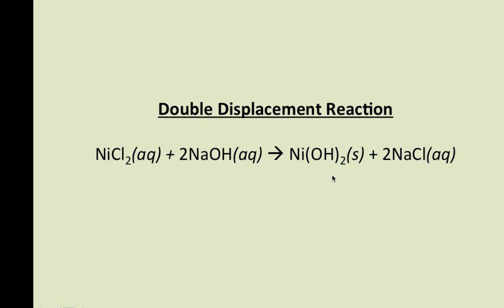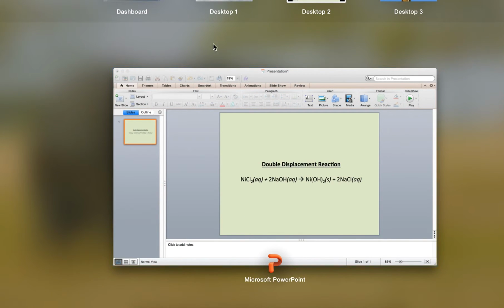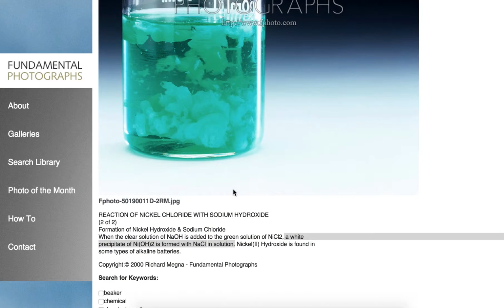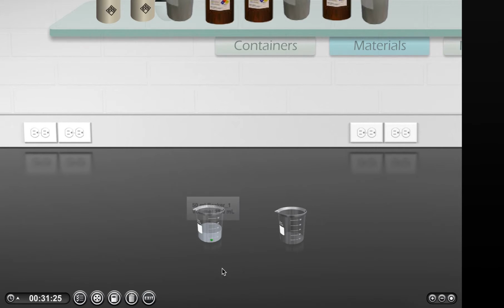The solid nickel hydroxide and the aqueous sodium chloride can be seen here as a precipitate and an aqueous solution of Na+ and Cl- ions.